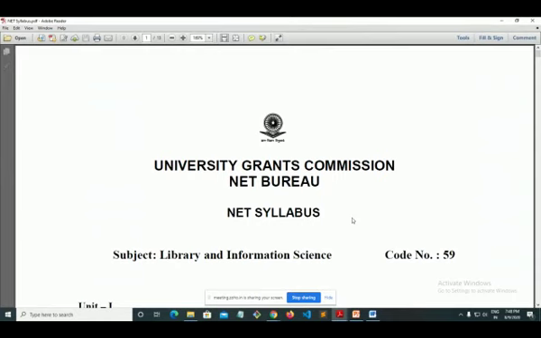Before going to the demo section of objective classes, I would like to go through the NET syllabus. There are 10 units and each unit has 10 subunits. We just go for unit 5, which basically deals with classification and cataloging.